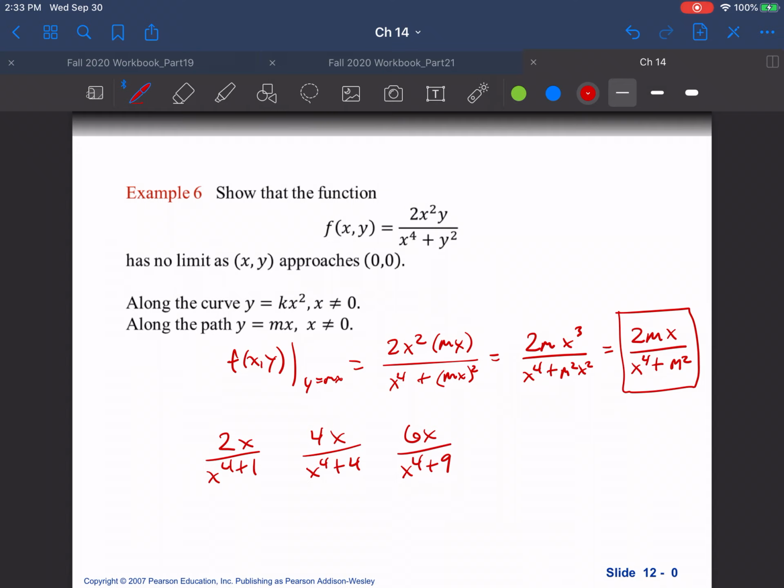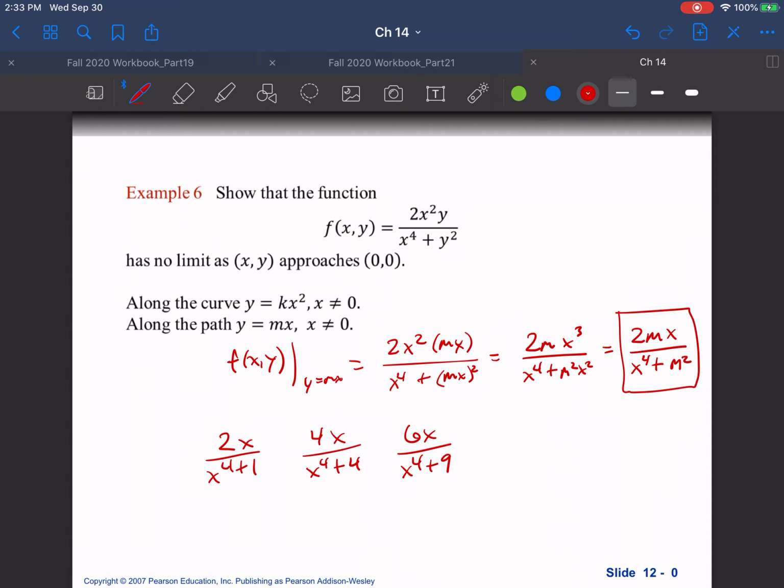Basically, if we have the same limit along all these straight lines, approaching some value x naught, y naught, this does not imply that we actually have a limit that exists, because we already saw that this function doesn't have a limit.